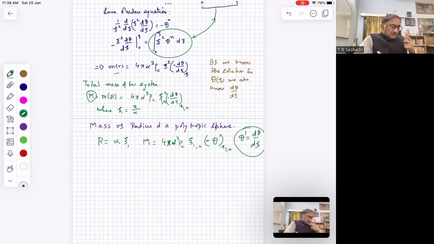Now, you see that in the expression for alpha, there is a rho c which is hiding.